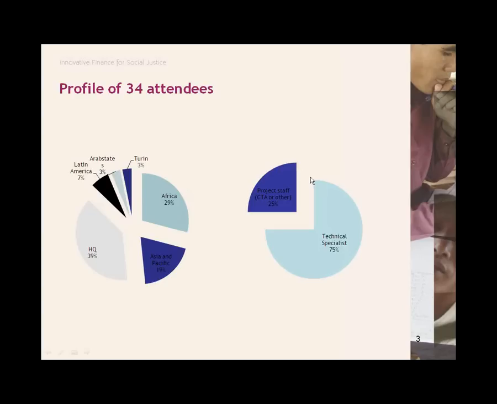If we see the breakdown by category, we have 25 project staff, either CTAs or other colleagues working in the project, so they are more from the implementing side. And we have 75% technical specialists that are much more on the backstopping side, either technical specialists or also program officers.